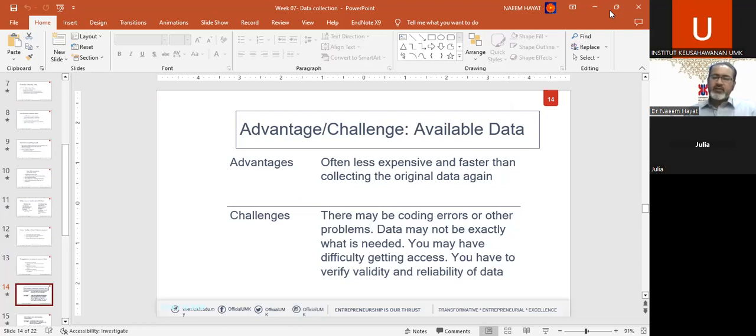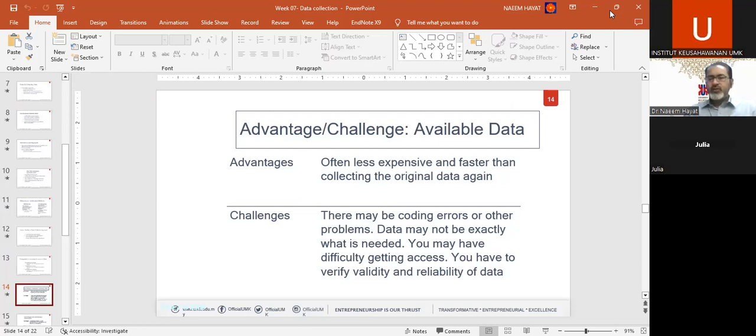The data was collected for some other purpose by the first-hand researcher. When the data is available to us, it may not have the same meaning and understanding for us. We need to understand it the same way as the first researcher. You may find it difficult to access the data. That is one issue.